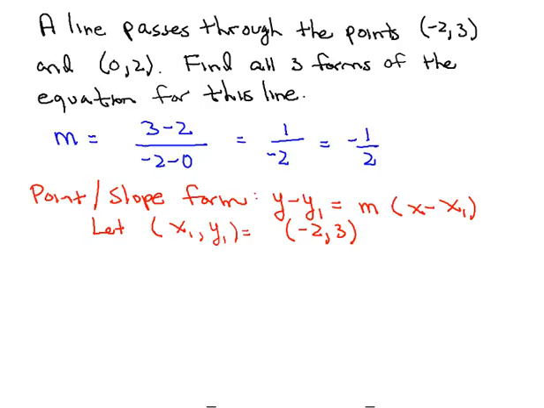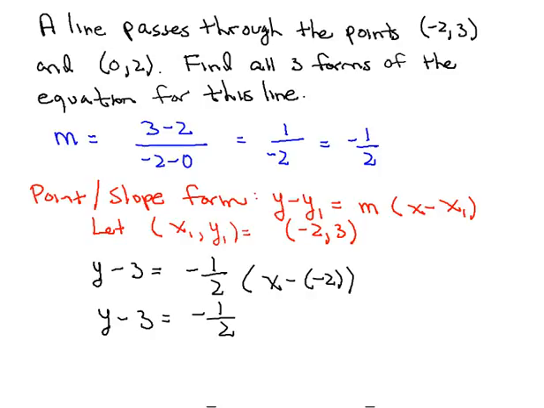So what we'll have will be y minus 3 is equal to the slope of -1/2 times x minus -2. Simplifying a bit further, we have y minus 3 is equal to -1/2 times the quantity x plus 2. So that would be an equation in point slope form for this line.